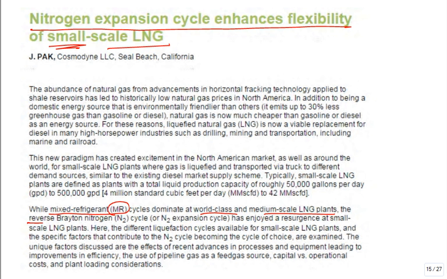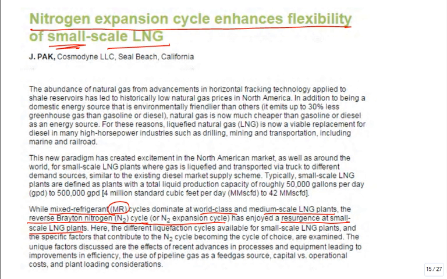But a reverse Brayton nitrogen cycle, what? Think about that. Hey, isn't that what we just covered? Reverse Brayton gas refrigeration cycle has enjoyed a resurgence at small-scale LNG plants.